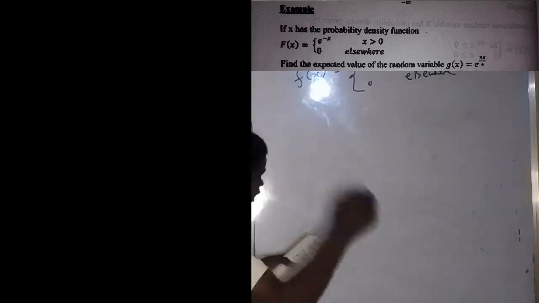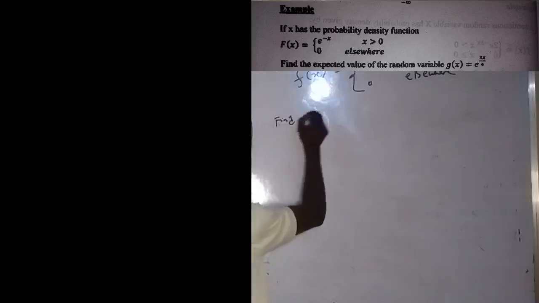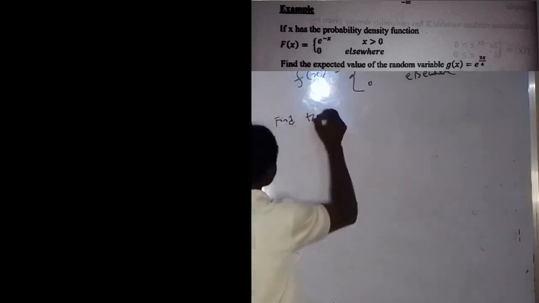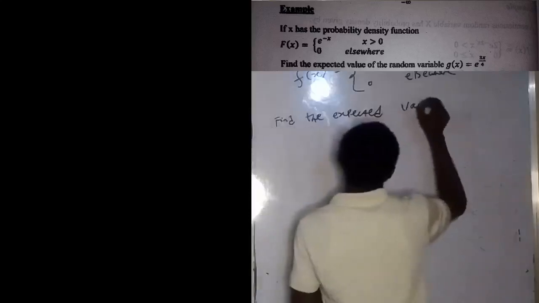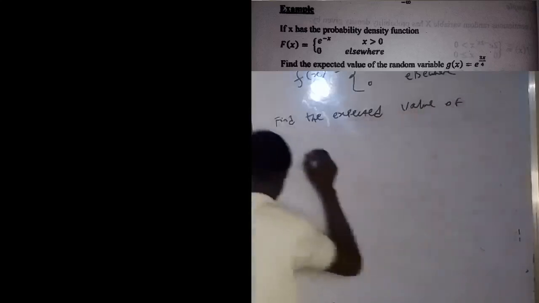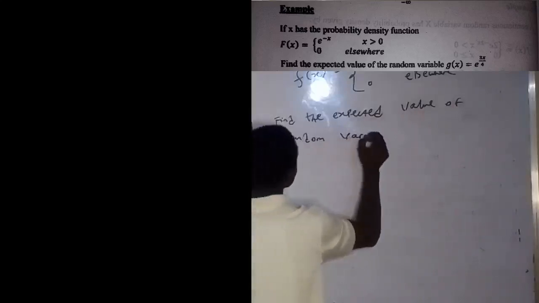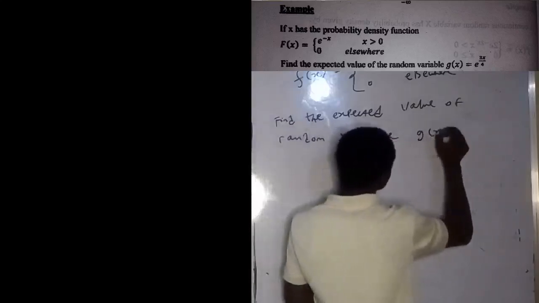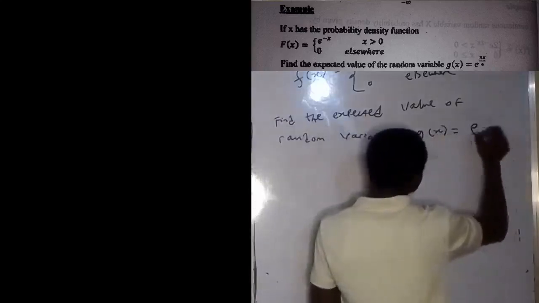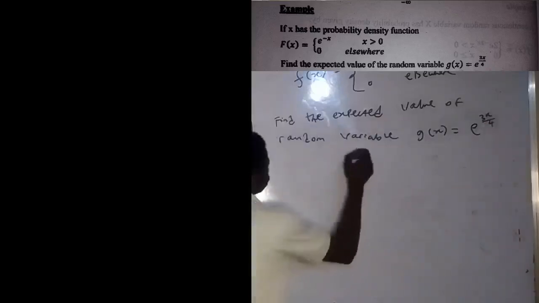So the expected value. It says, find the expected value of the random variable g of x, which is equal to exponential 3x over 4.